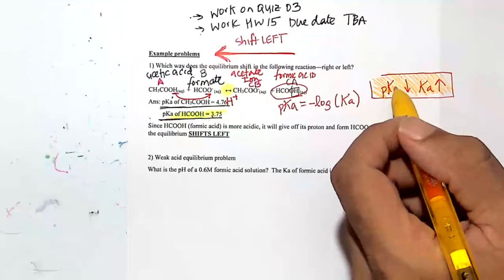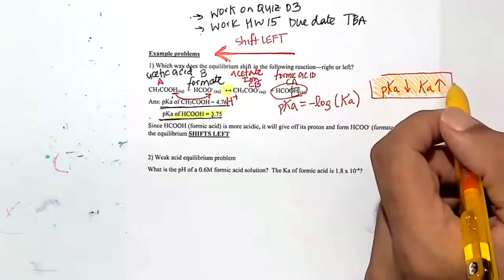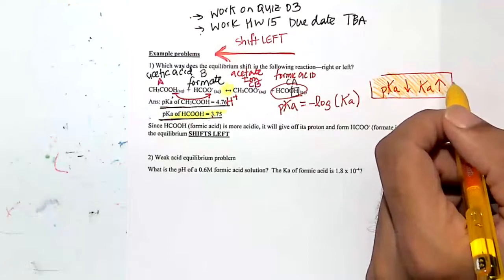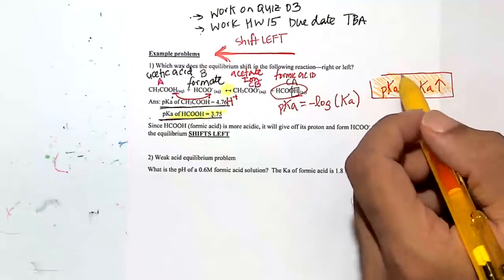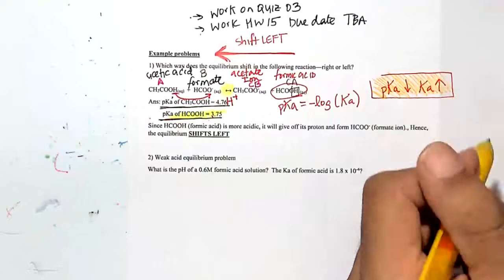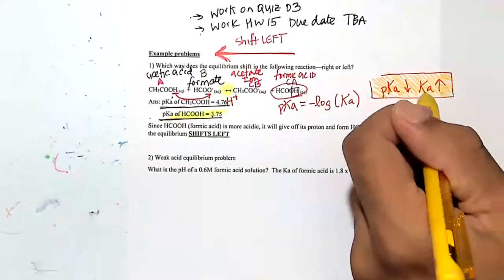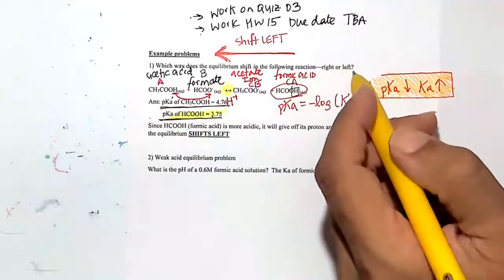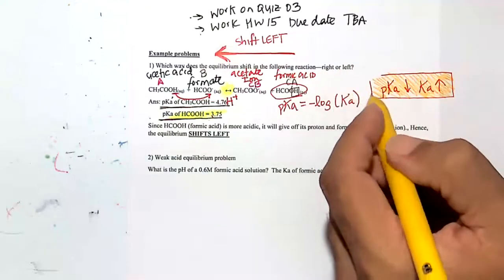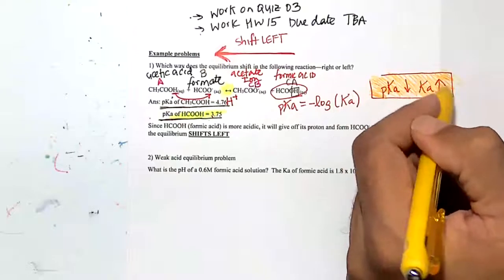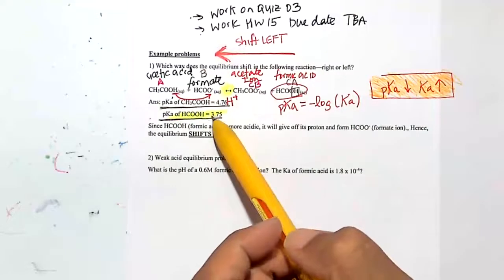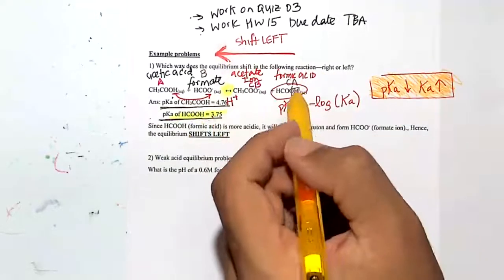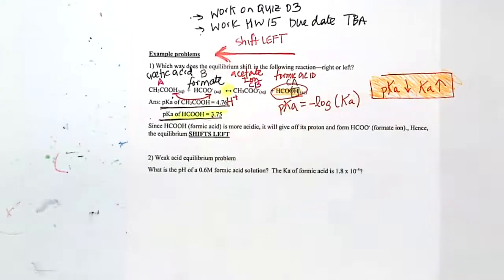You can rank them by lowest pKa, most acidic, or by highest Ka, most acidic. This is important. I think it's also used in the MCAT or whatever these exams, for the future doctors in this room. So formic acid has the higher Ka, it's a better acid, so it is going to be better at giving away protons.